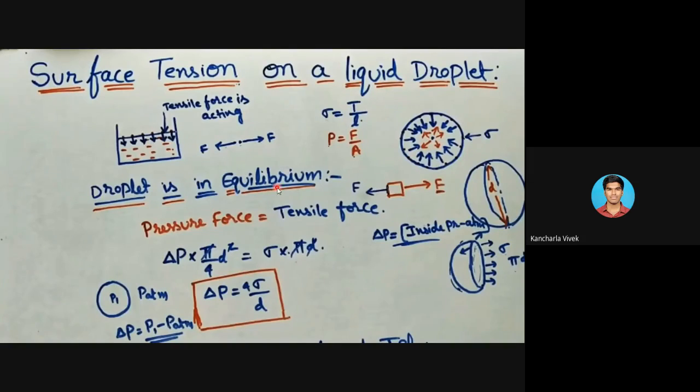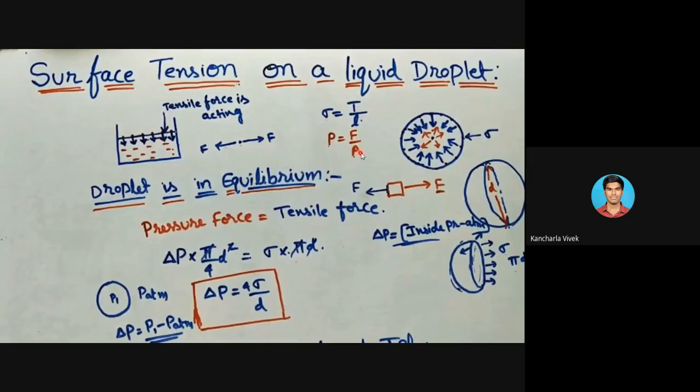So when you equate F equal to T, you make sigma into L, that is sigma into pi into the diameter of the liquid droplet. Similarly, the pressure force F equals P, that is you have to check for the change in pressure from the outside atmosphere. So what will delta P be? P1, that is the inner bubble pressure, minus the atmospheric pressure existing around the liquid droplet.